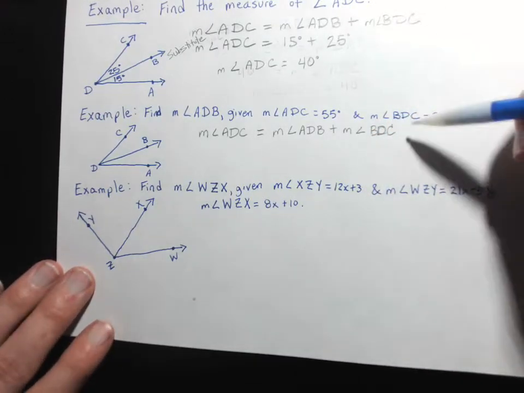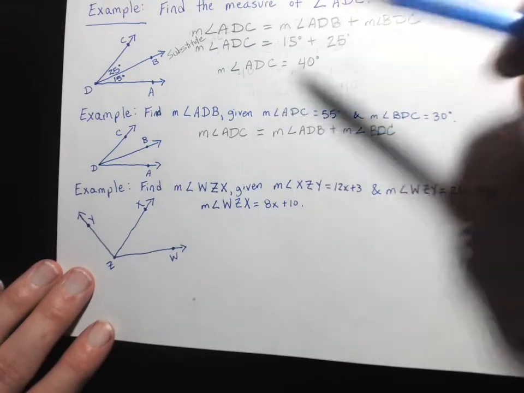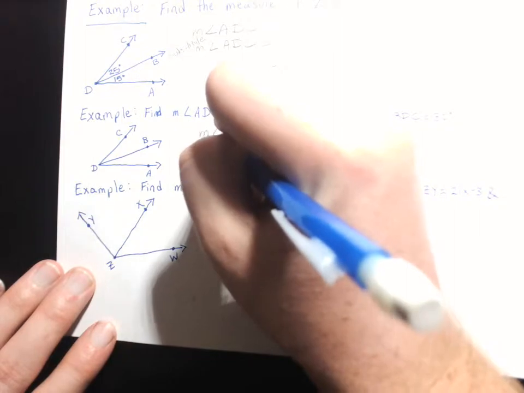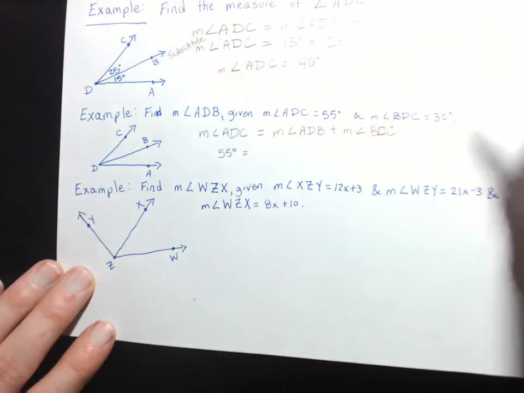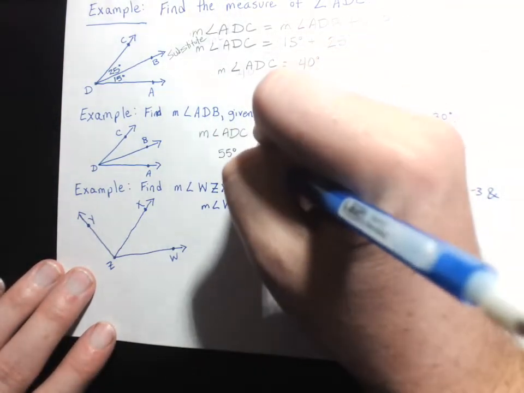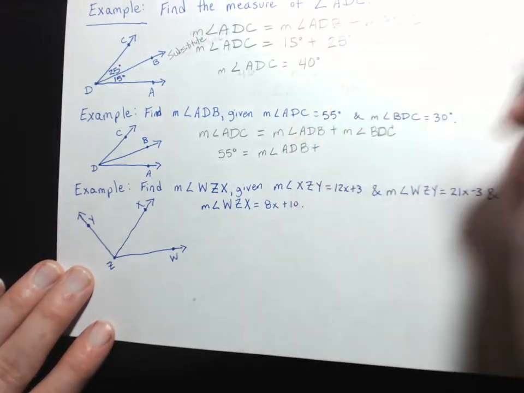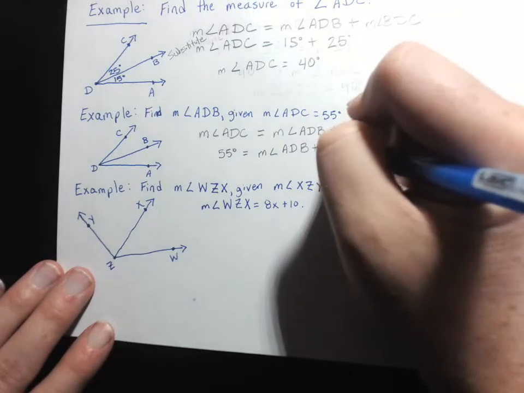Now we'll substitute again. So the measure of angle ADC is 55 degrees. And the measure of angle ADB is what we're looking for. And the measure of angle BDC is 30 degrees.